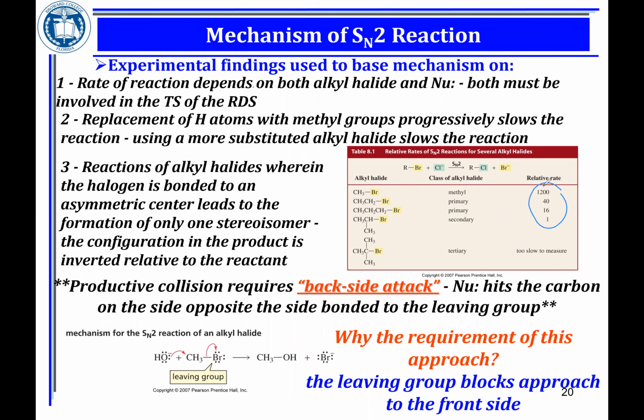The rate of the reaction is much faster with methyl bromide, 1,200 times faster than if you were dealing with a secondary alkyl halide. And forget about the tertiary alkyl halide.